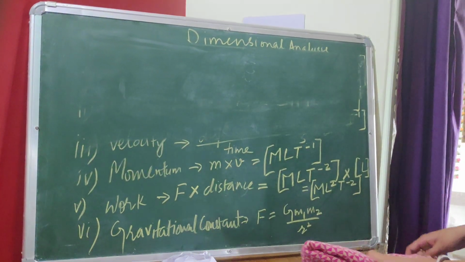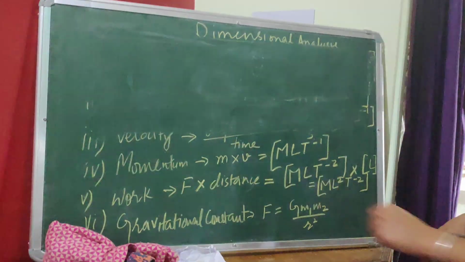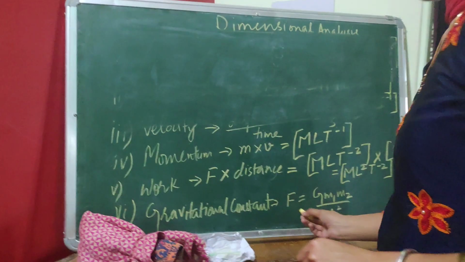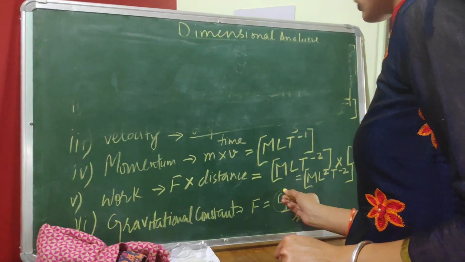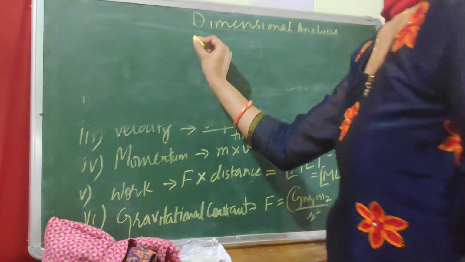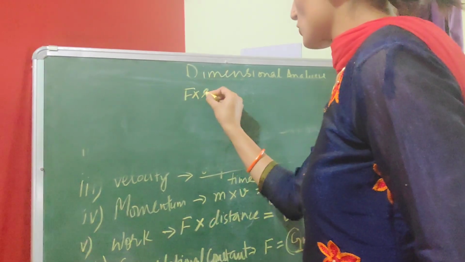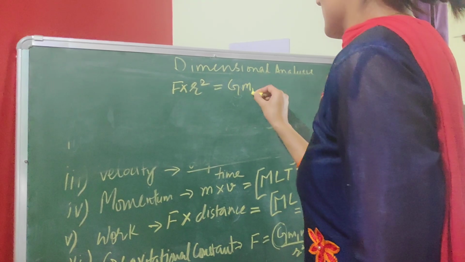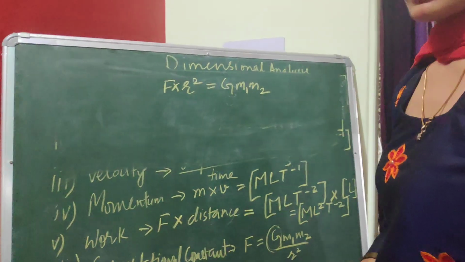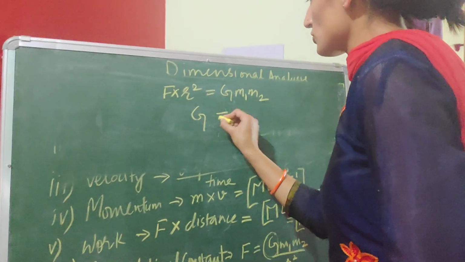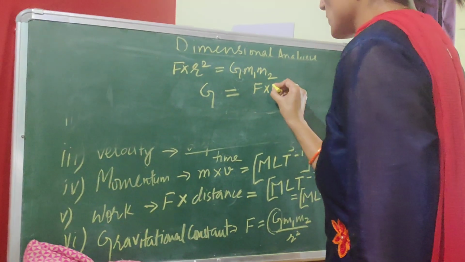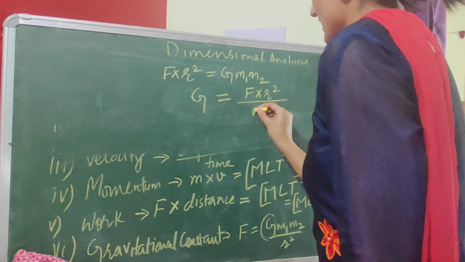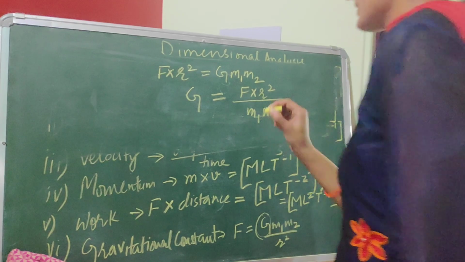First of all I am going to find out the formula for G. F into r square is equal to G m1 m2. So G comes out to be F into r square divided by m1 m2.